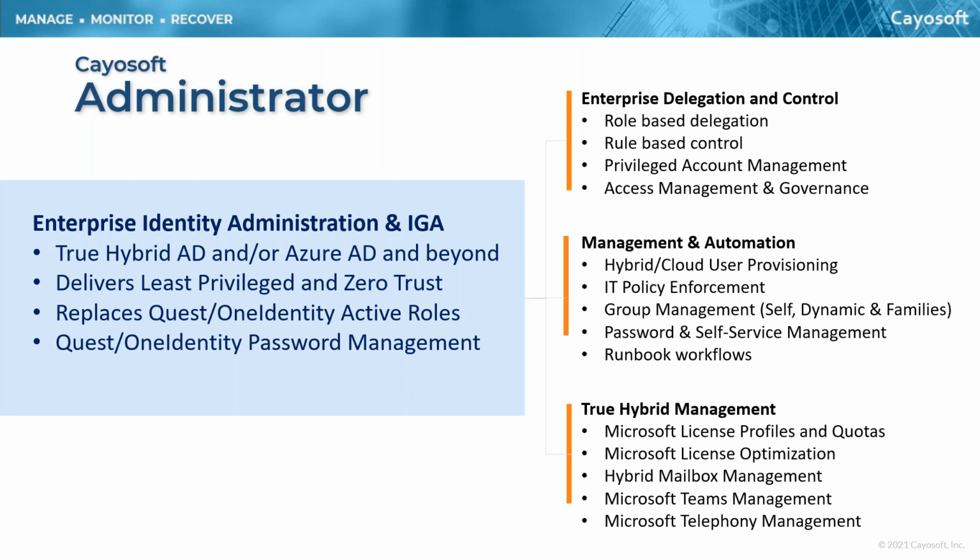We have something called a license profile, so your day-to-day administrators and help desk folks can just literally choose a job code or the job title for a particular individual, and that can then be translated into one or more license assignments. So if they're an engineering class one or class one engineer, that could be a license profile that you configure.